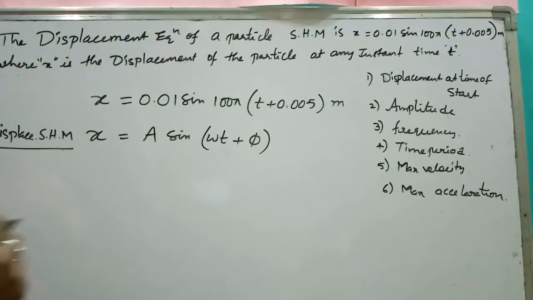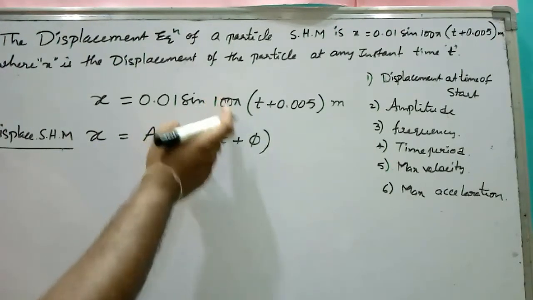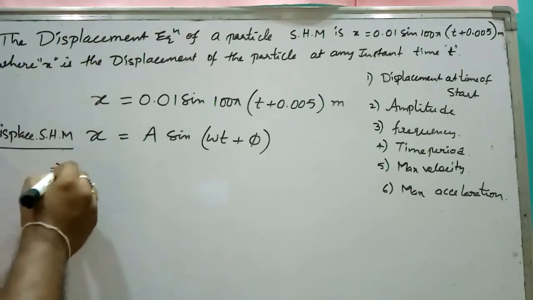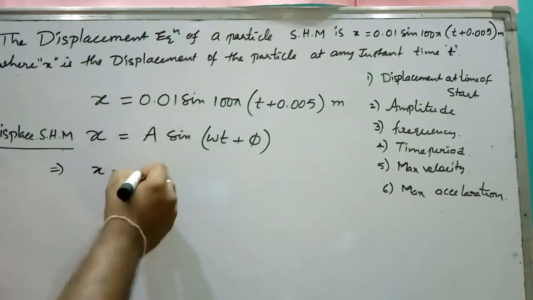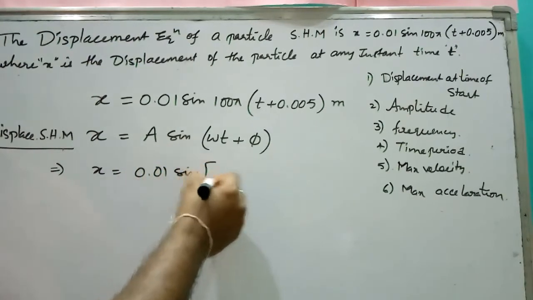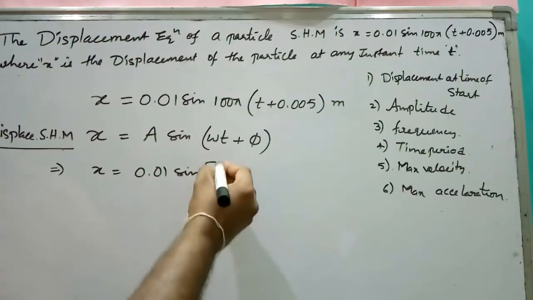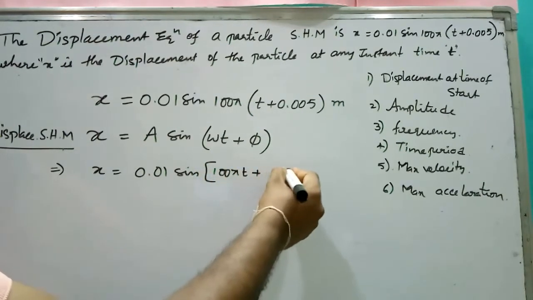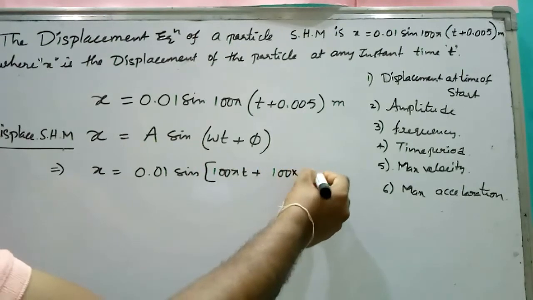Now this equation is changed into the general form: x equal to 0.01 sine of, multiplying with 100 pi, 100 pi t plus 100 into 0.005.